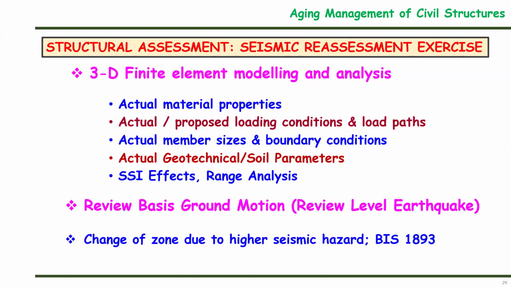Using the shear wave velocity and mass density, we can calculate the shear modulus, that is G. Okay, so range analysis accounts for the uncertainty in the soil: we carry out the analysis using G/2, G and 2G. So this is the meaning of range analysis.